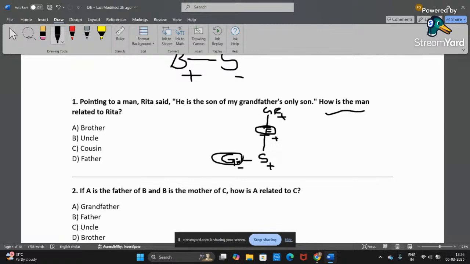Rita is a girl. How is he related to her? He is her brother. This dash indicates siblings. For marriage, for mother and father, we are using this equal symbol. Okay, now let's move on to the next one.